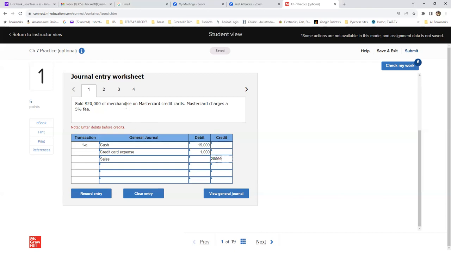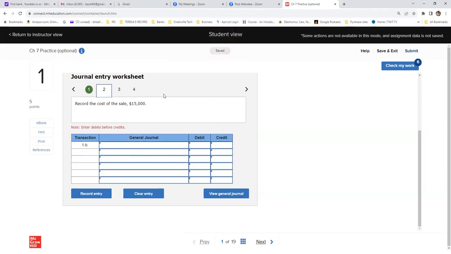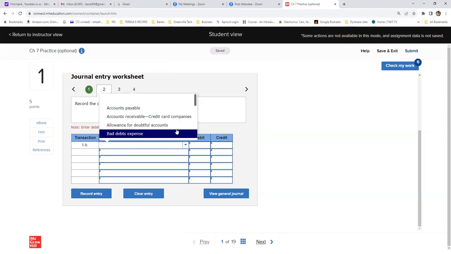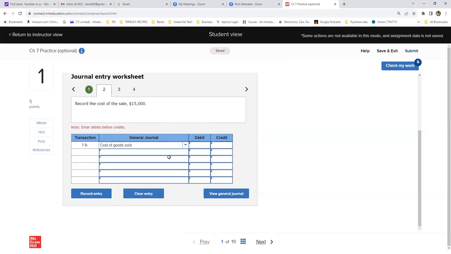All right. Next, tab number 2, record the cost of the sale, which is $15,000. So the first debit will be cost of goods sold. Okay, we have just a credit.